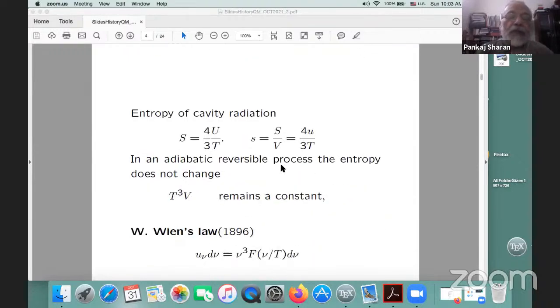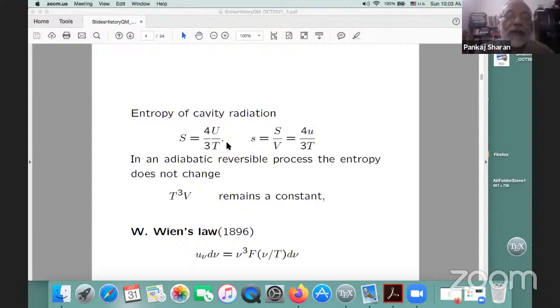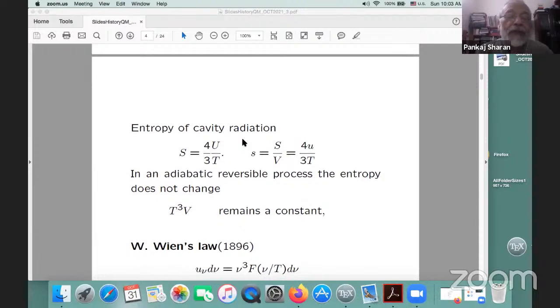And the entropy of cavity radiation can also be written down, and that tells us that because of this formula of Boltzmann, where the energy density is proportional to T to the power 4, you can quickly calculate the entropy also, and that is just 4/3 times the entire energy divided by the absolute temperature.